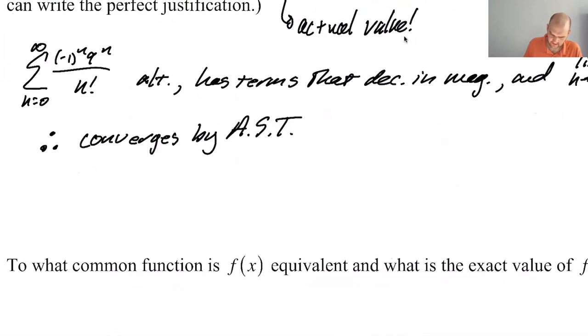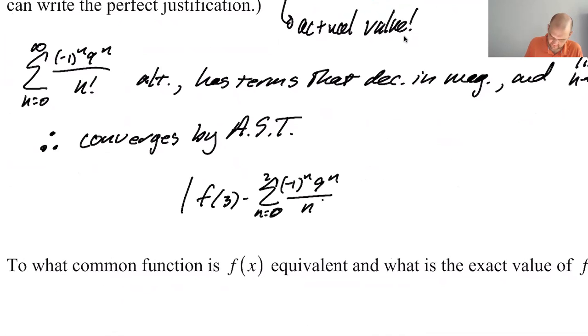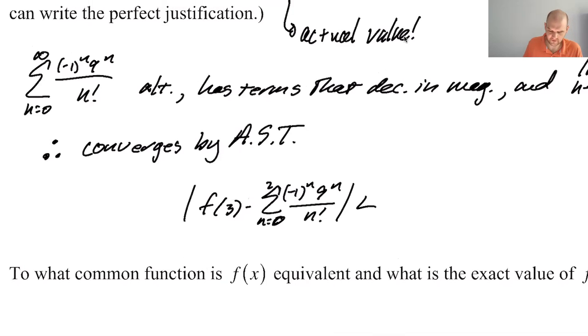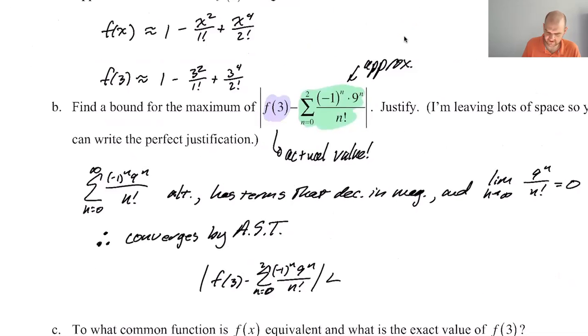So the absolute value of f of 3 minus the sum, this is a weird way to write this, from 0 to 2 of negative 1 to the n, 9 to the n over n factorial, is less than the first term left off. So what was the first term we left off?